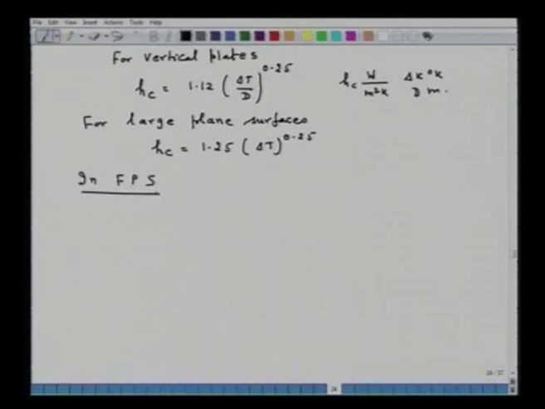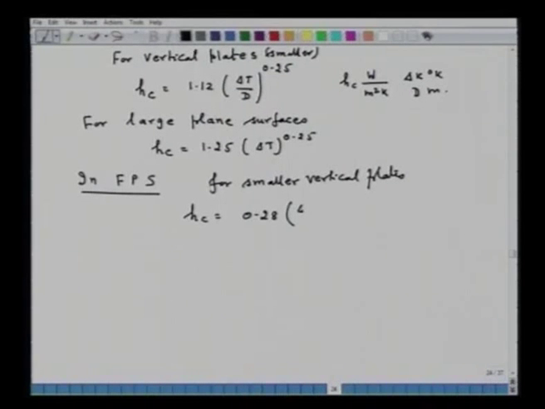In FPS system, for smaller vertical plates, Hc is equal to 0.28 delta T upon D. Here delta T is in degree Fahrenheit, D in feet, and Hc you will be getting in BTU per feet square, degree Fahrenheit, hour.